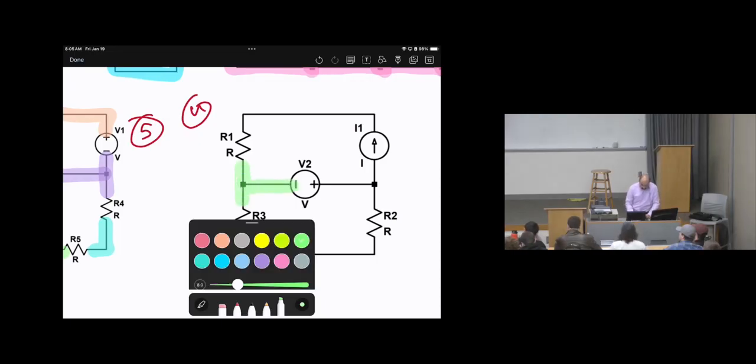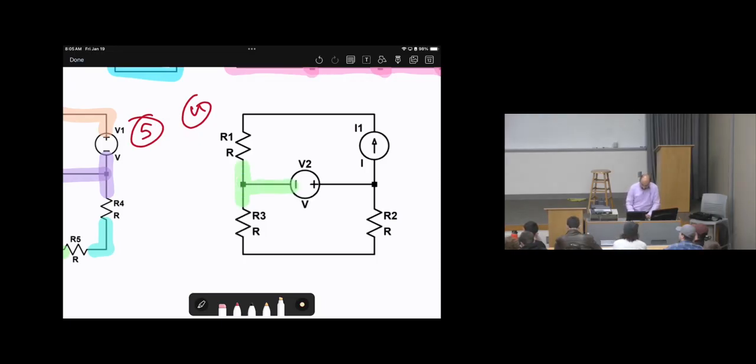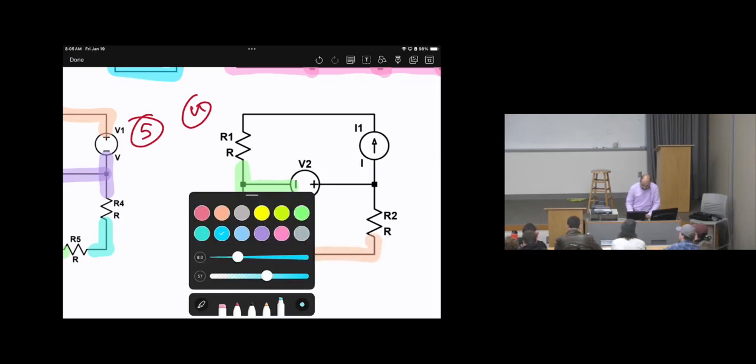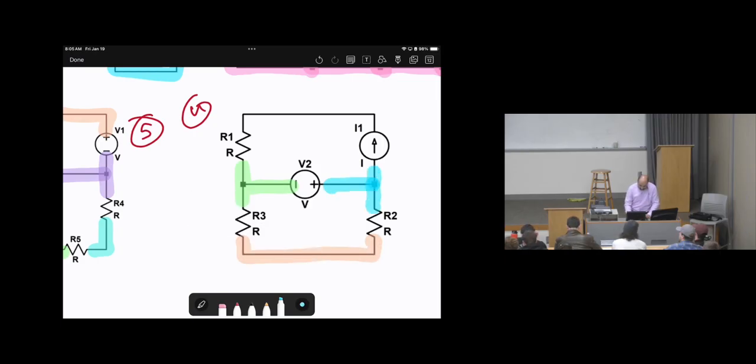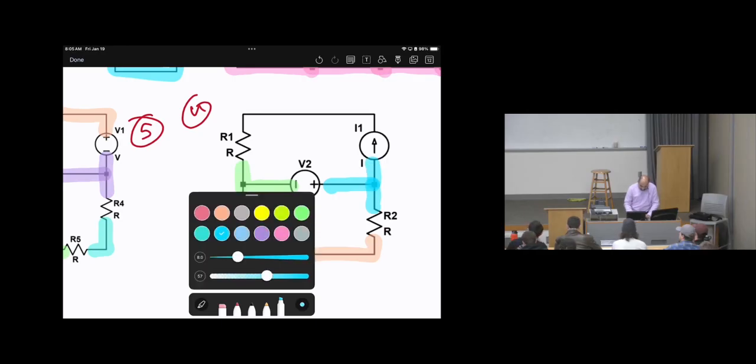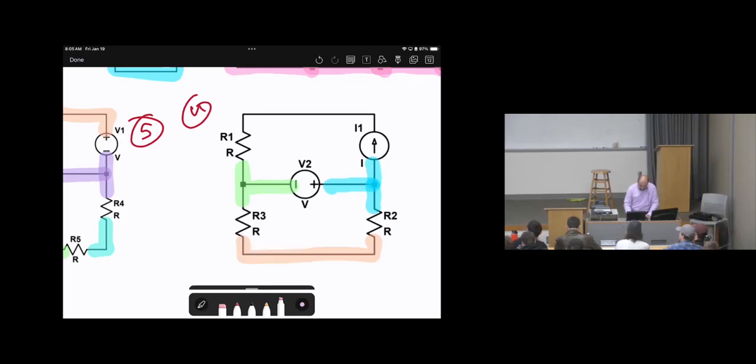This is a node. This is a node. This is a node. And the last node. So 1, 2, 3, 4. Okay? It's very important to know how to determine the nodes, not only the number of the nodes, because we will use this later in solving the electrical circuits.